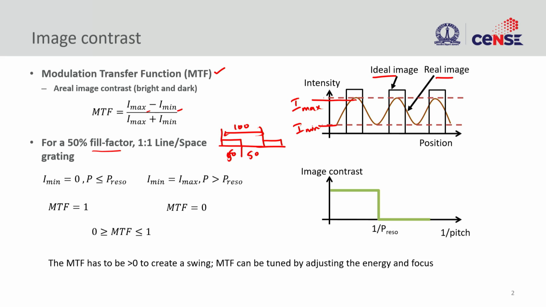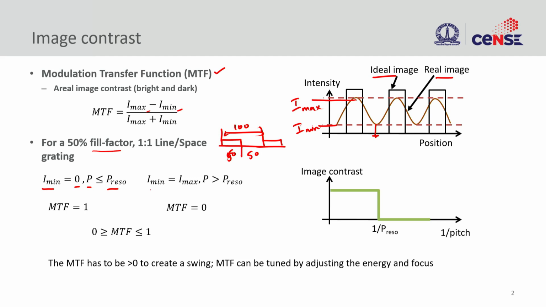So, if I min is 0, then we know the pitch that we are using is below the limit of this system, so that you are able to reproduce the image clearly.